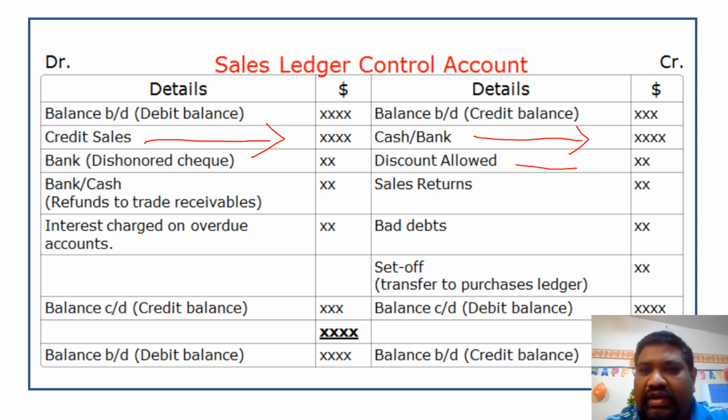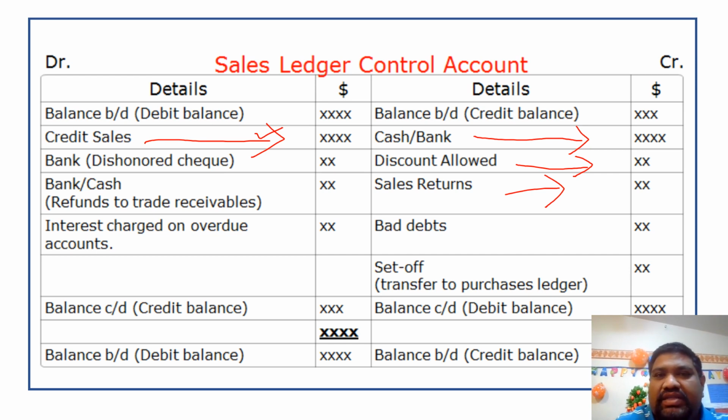That is discount allowed. Then the goods sold, sometimes wrong goods may have been packed, or sometimes the color may not be accepted by the customer. Maybe we wrongly sent some goods. So the customer will return those goods to us. That is our sales returns or return inwards.